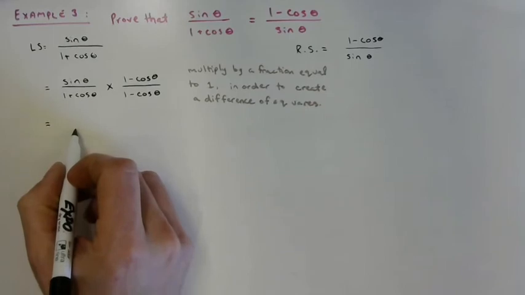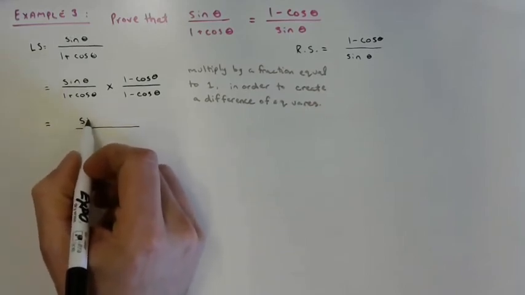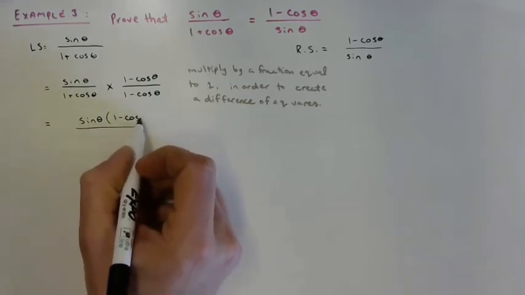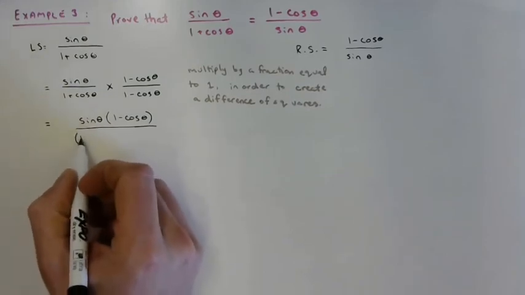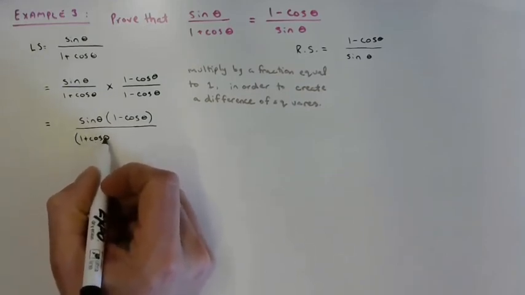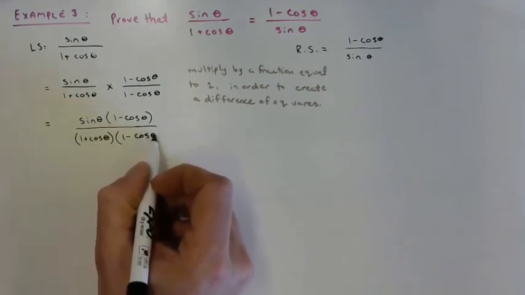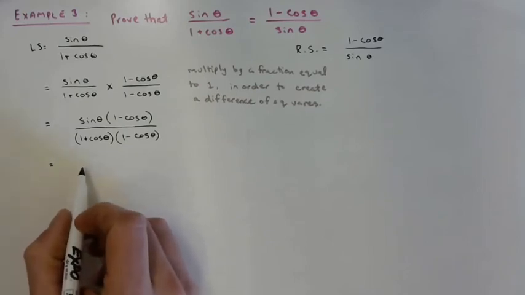So now if I rewrite this, in the numerator, I have sine of theta times 1 minus the cosine of theta. And in the denominator, we have 1 plus cos theta times 1 minus cos theta. Okay, that's our product of a sum and difference, which means I can rewrite this.